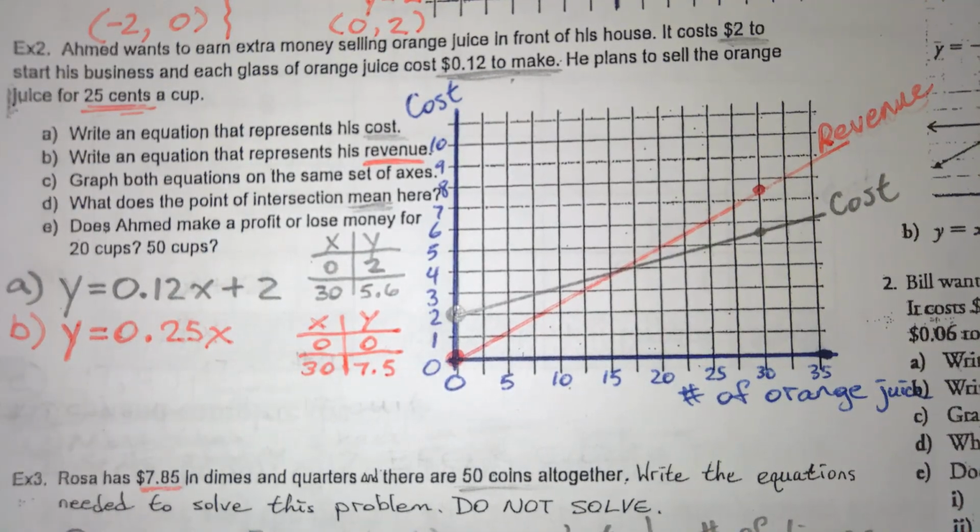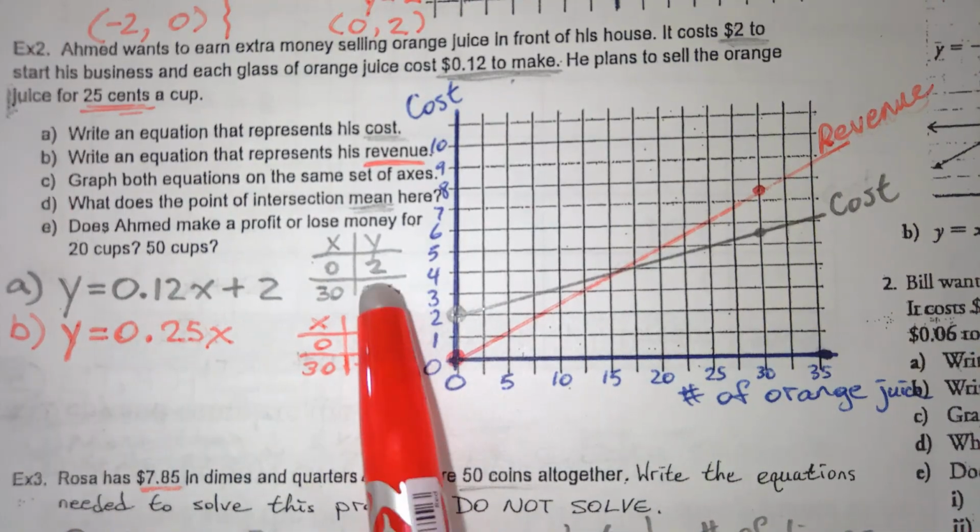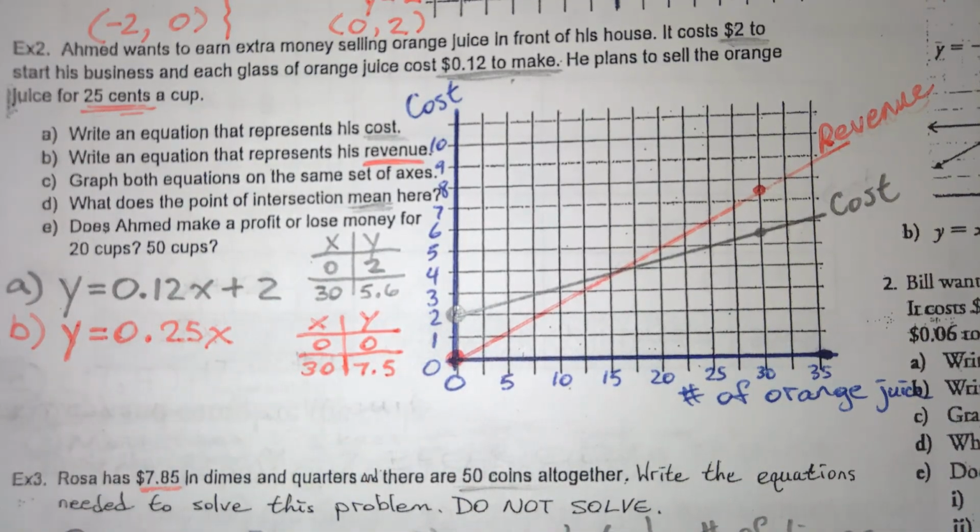Okay. So you see how a table of values is just like x and y intercept. All we are doing is trying to find 2 points using the equations so that we can plot our lines.